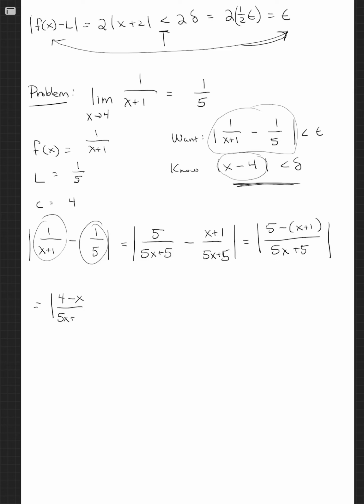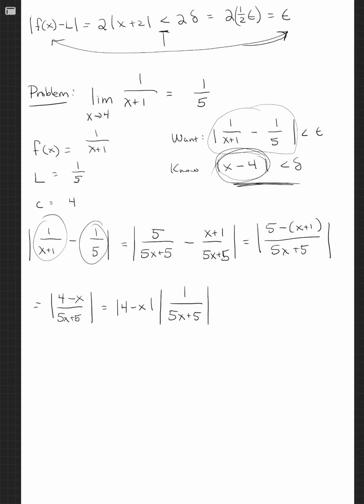And it turns out that we get 4 minus x over 5x plus 5. Right? So this 4 minus x looks an awful lot like something we know.